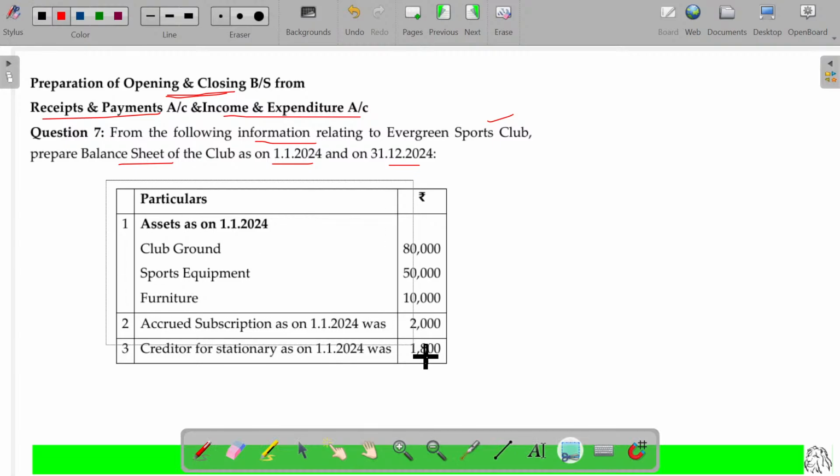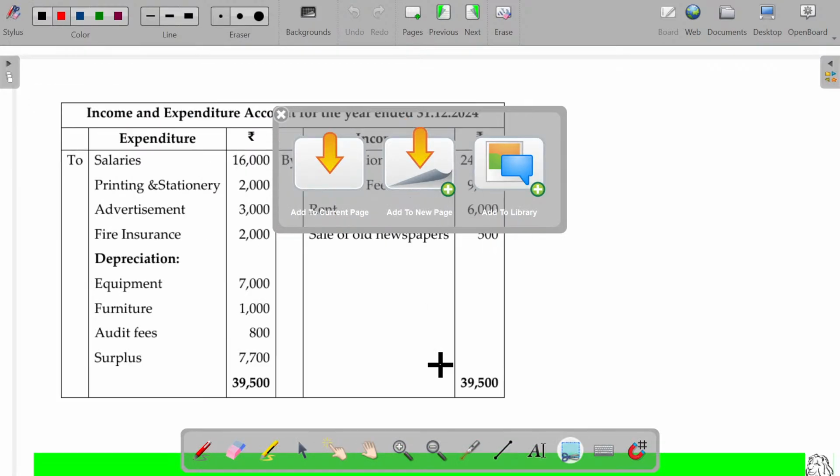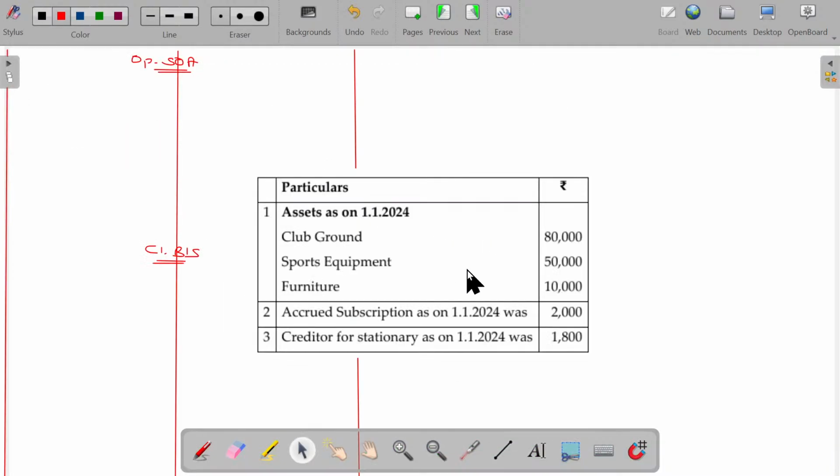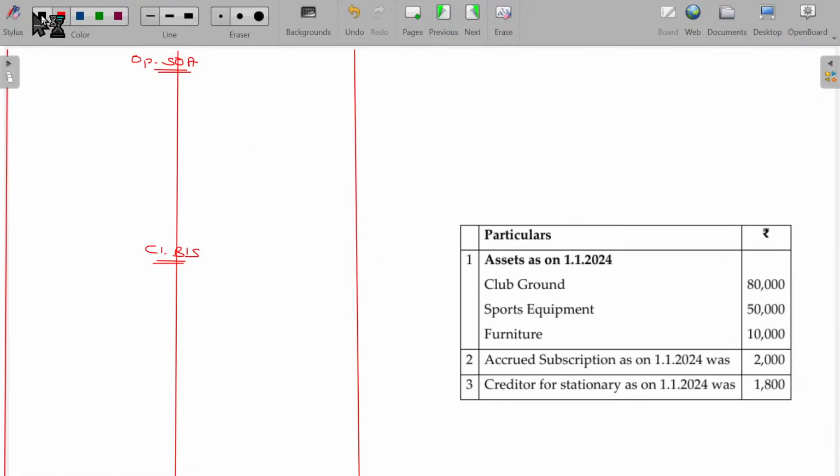We have been given these particulars here. Assets in the beginning given here. This is as on 1/1/24. This is as on 31st December 24.